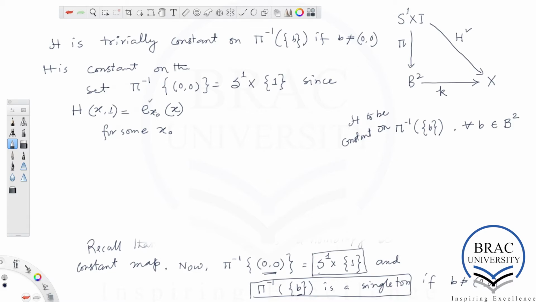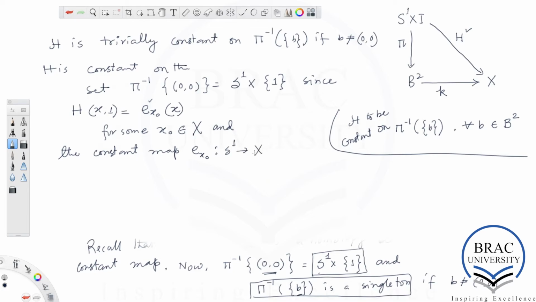We're taking that constant map to be E sub x0 for some x0 in the topological space X, the constant map E sub x0 from S1 to X. And this is defined by, of course, everything being mapped to that point x0.